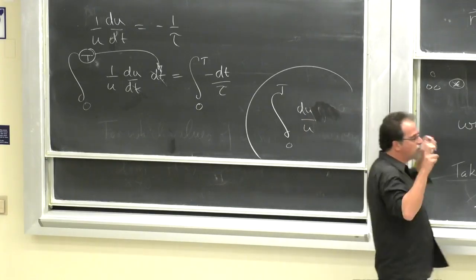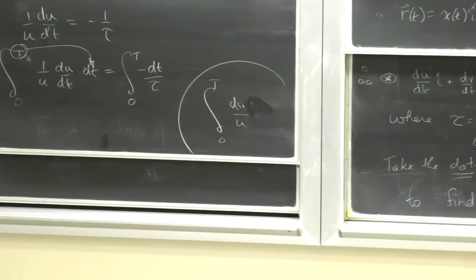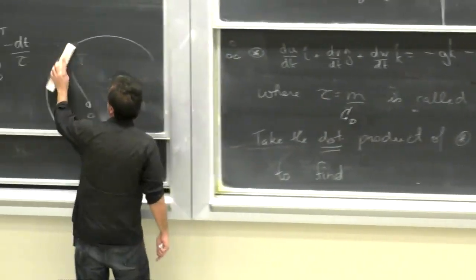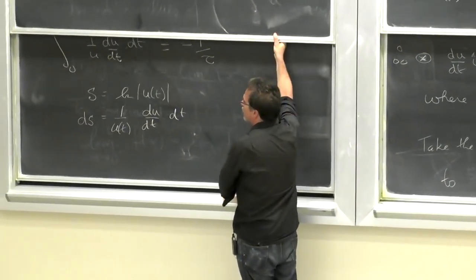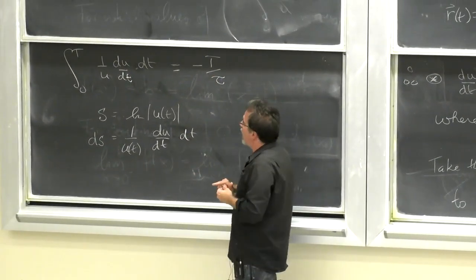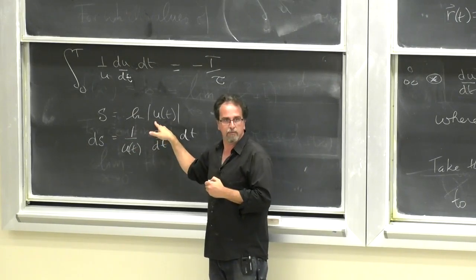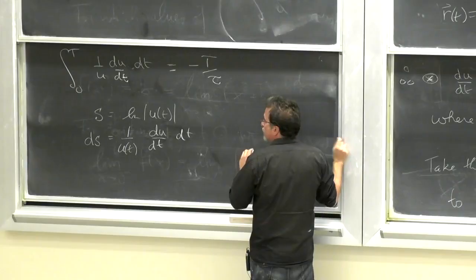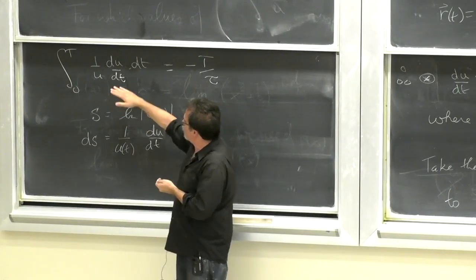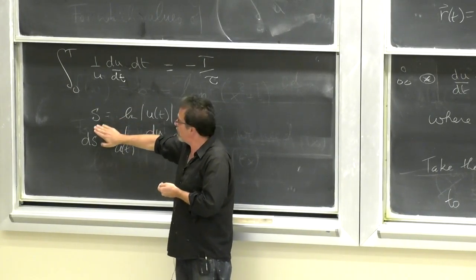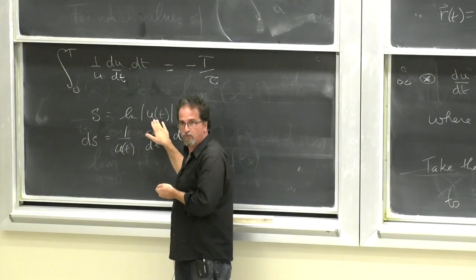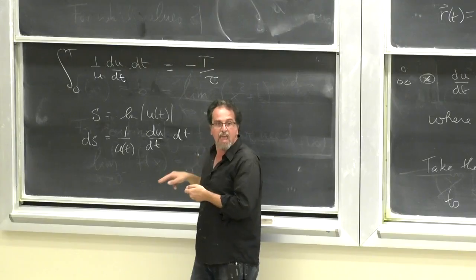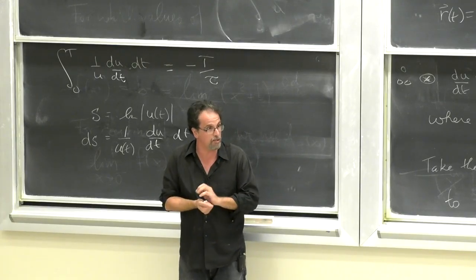When you did u substitutions, the substitutions in 21b, this is what you're really doing. You're being careful, and to be careful here means the following. I have let s be this variable. When you do a substitution, you have to figure out what your s is in terms of your old variables, what your ds, your differential, is in terms of your old differentials, and what your boundaries of integration are.